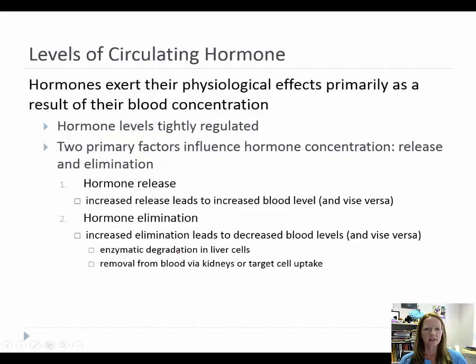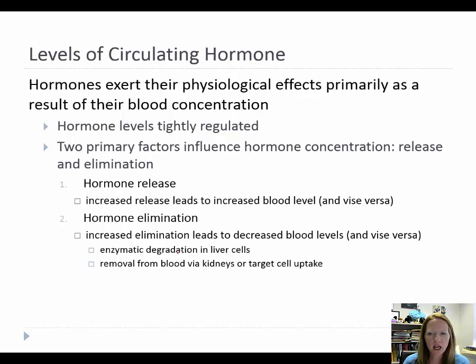As far as how hormones exert their physiological effects, it really is going to depend on blood concentrations. We already talked about how closely regulated glands are as far as secreting hormones. We talked about hormonal stimulation that causes hormones to be secreted, humoral stimulation where glucose levels, calcium ion levels, and things like that cause a gland to secrete their hormones, and the nervous system.